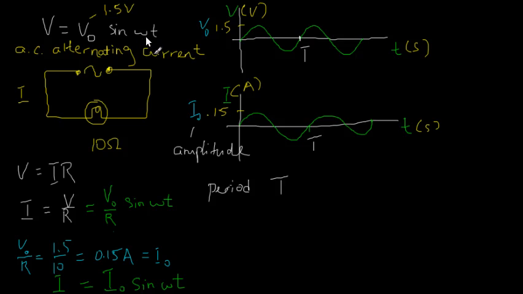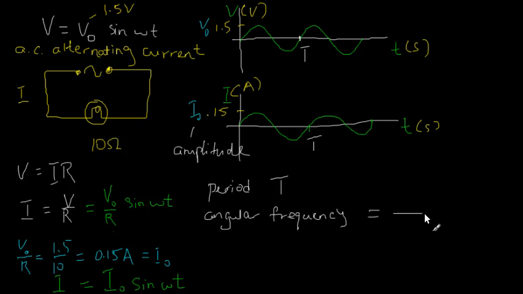In simple harmonic motion and in waves, we call it the angular frequency. Now, let's look at this a little bit more. In circular motion, we think of the angular velocity, which corresponds to the angular frequency here, as the angle over time, right?